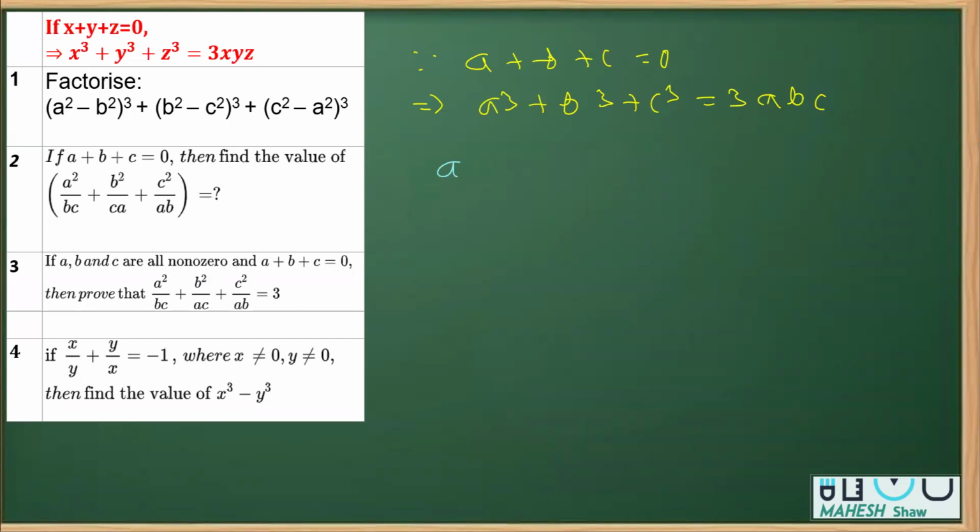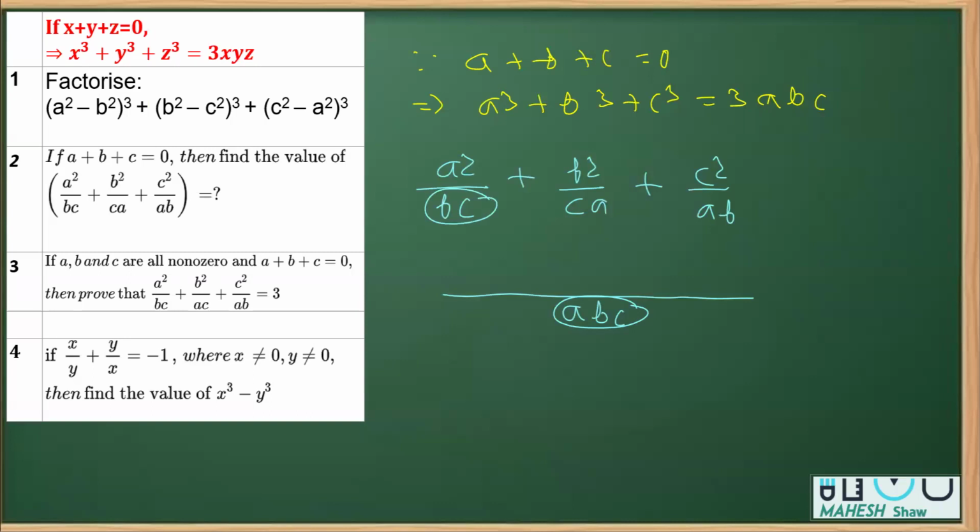We have to find the value of a square over bc plus b square over ca plus c square over ab. Now, what we can do here, first we will be taking the LCM. Clearly, the LCM is abc. Now, dividing abc by bc, what are we getting?